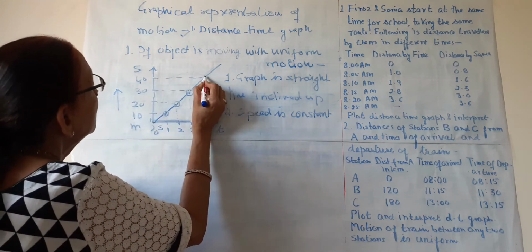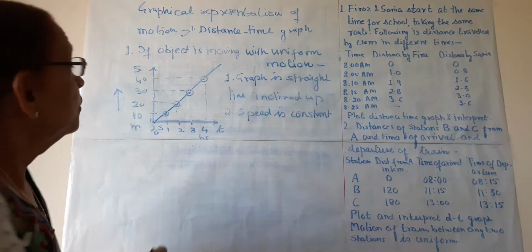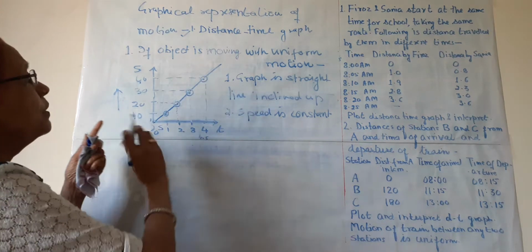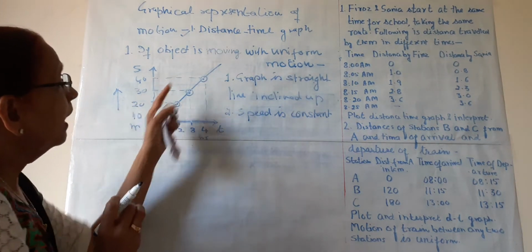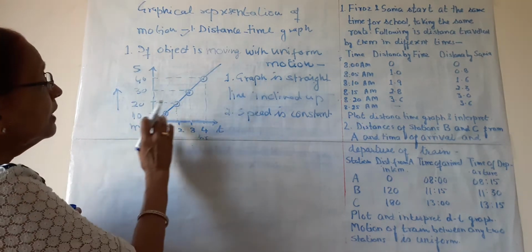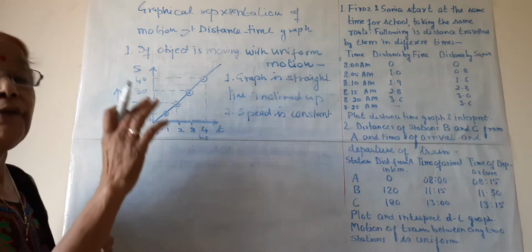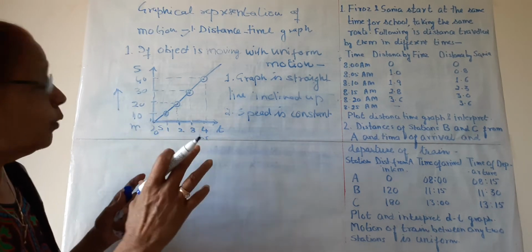In the fourth, it will move 40 meters. So if we join these points, it will become a straight line, slanting line which is inclined upwards. And we can see that the equal amount of distance is covered in equal time.